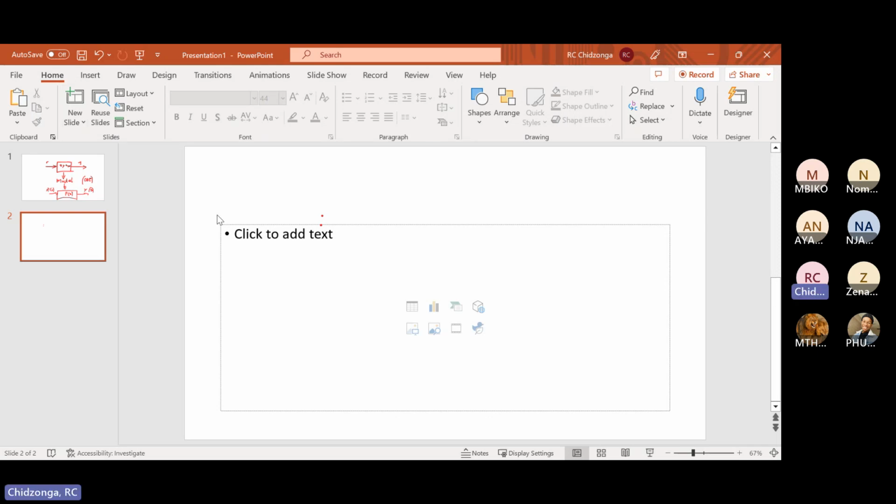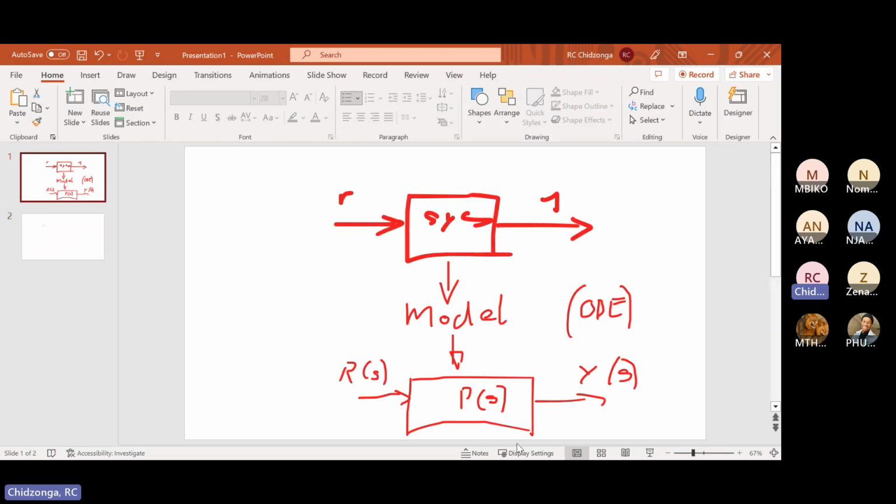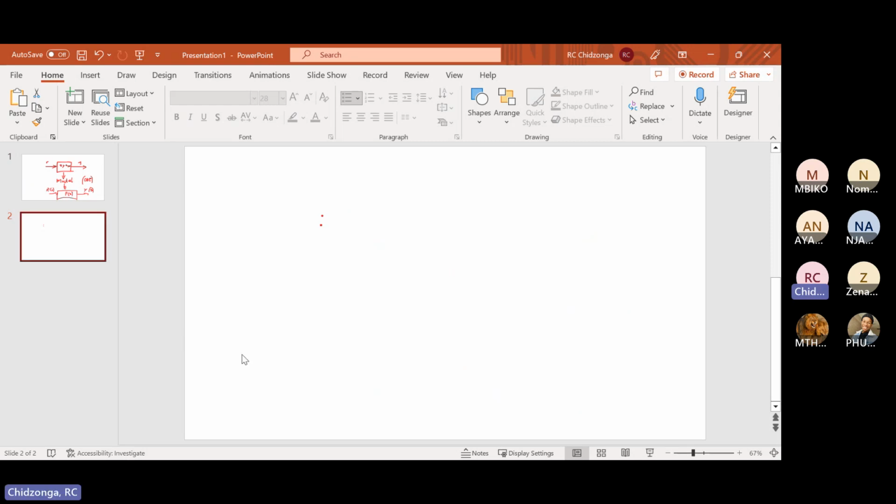I'm going to delete this box. So we're ending up here with a model. It's in the S domain now. And this is the system as we have it initially. Now, of course, here I'm showing one box. Obviously, from the work that we have done, you know that the system can grow into a complex network, right?